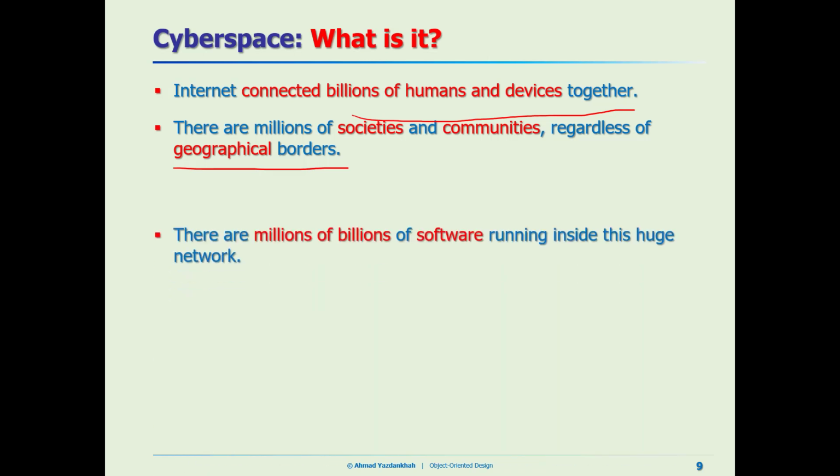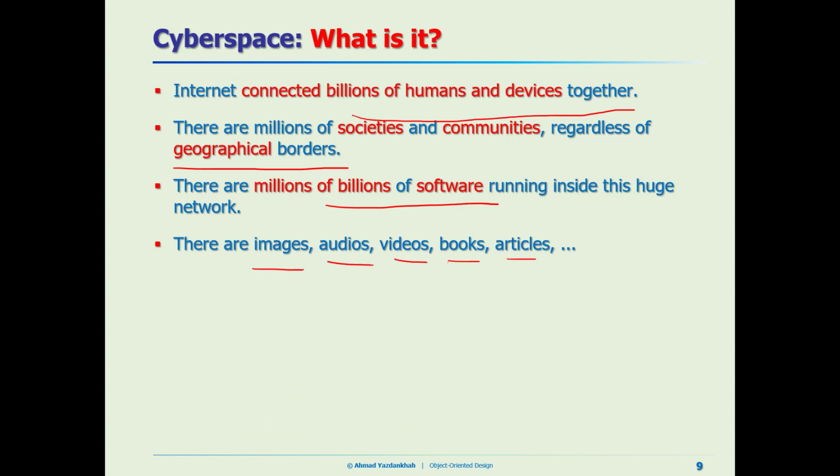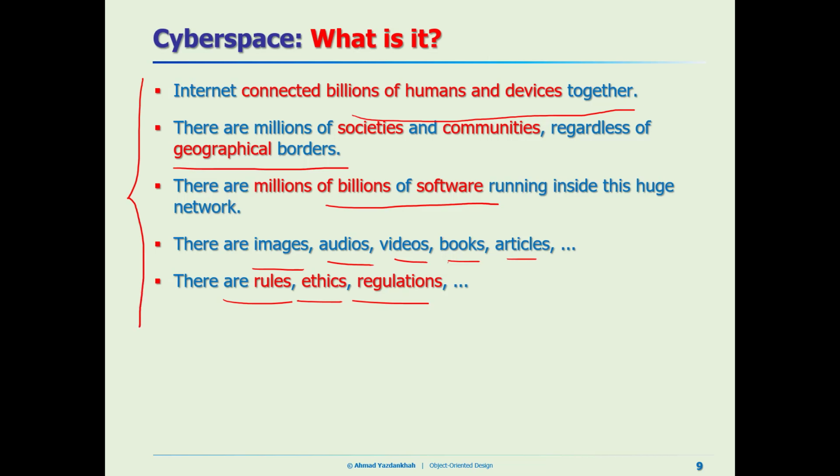And billions of software are running inside this huge network: some software, images, audios, videos, books, articles. And also we have some rules, some ethics, some regulations. So it looks like a universe, right? It is a universe because all the specifications of a universe exist in the internet, right?